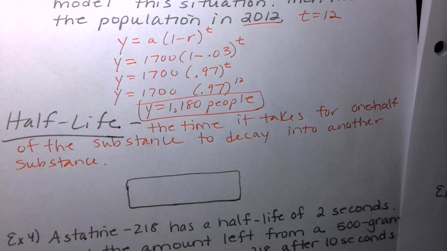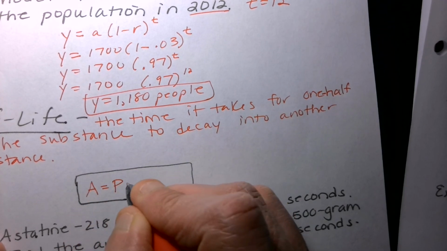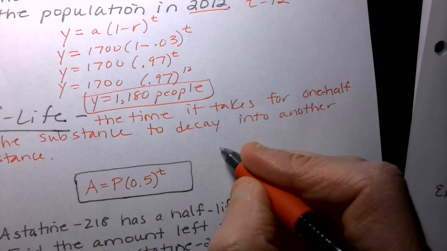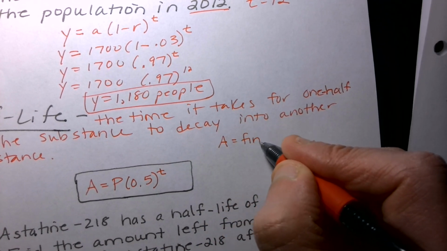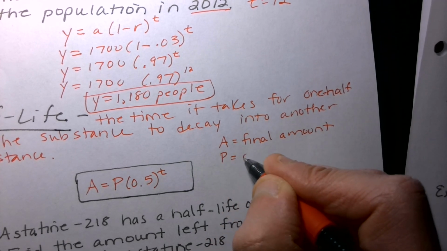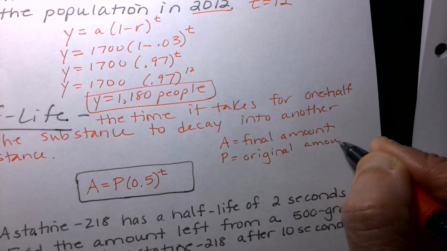Okay. The formula for that is a little simpler. We're ending with the simpler one. It's A equals P times 0.5 raised to the t. A is our final amount. P is the original amount, so it kind of follows through in these, doesn't it, similarly.